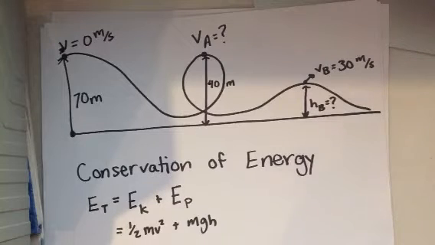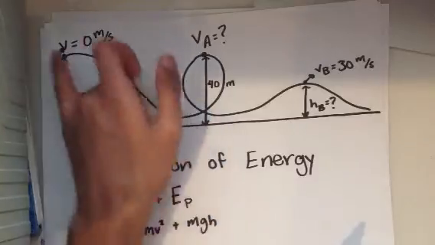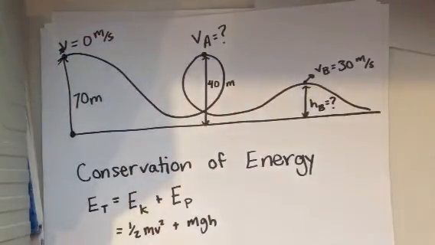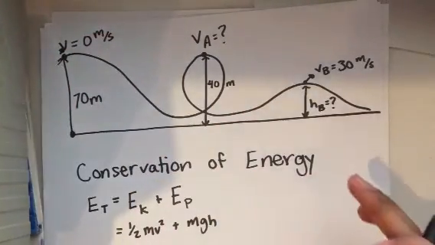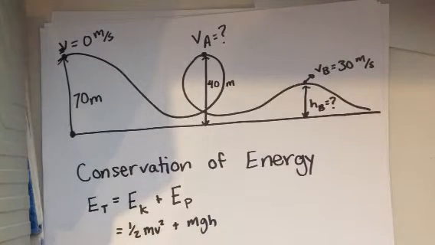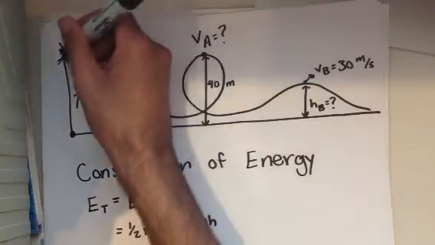Now, we can take into consideration that we have a total energy, and simplifying this, we can say that for the top point for this entire system, actually, at any given point, we can calculate the total energy, and that total energy is going to be equal to the energy at this top point.